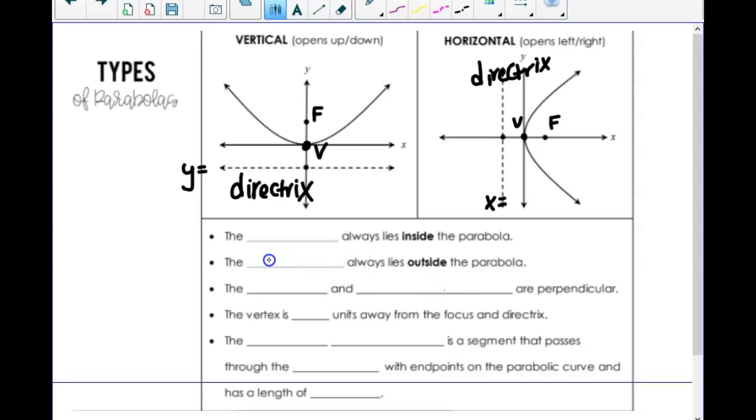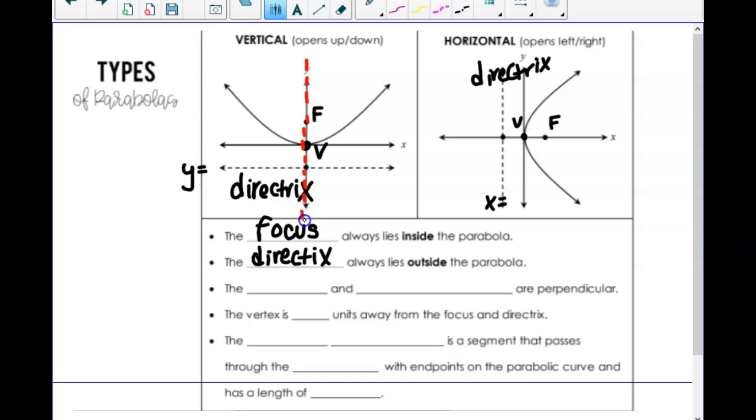All right. So what is always inside of the bend of the parabola? What point are we going to put here? Yep, that was called the focus. And the directrix is the line that always lies outside the parabola. That directrix is perpendicular to, does anybody remember what this was called?